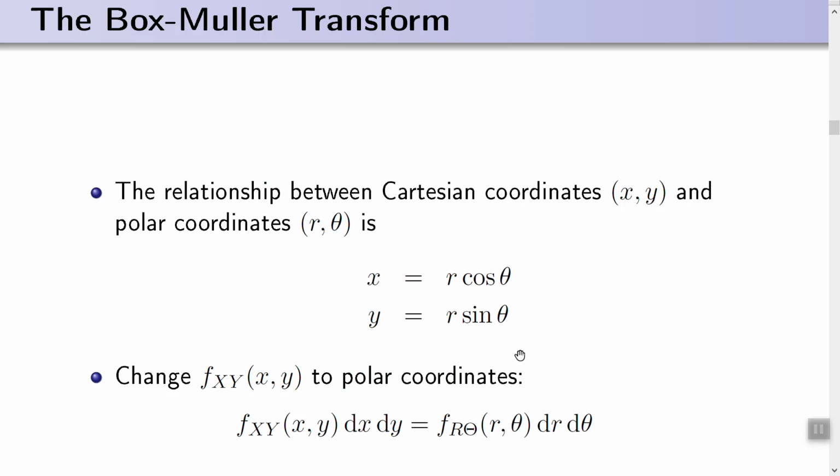So with polar coordinates, you graph everything as a distance from the origin, r, and then an angle from your starting point. We have to change from the domain of x, y to the domain of r, theta.